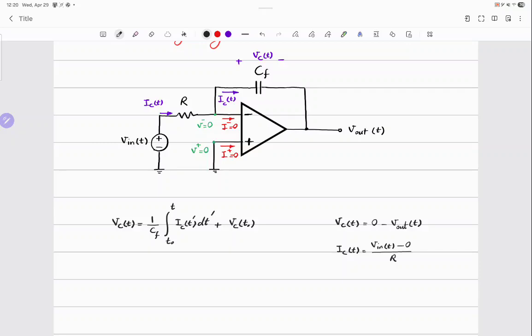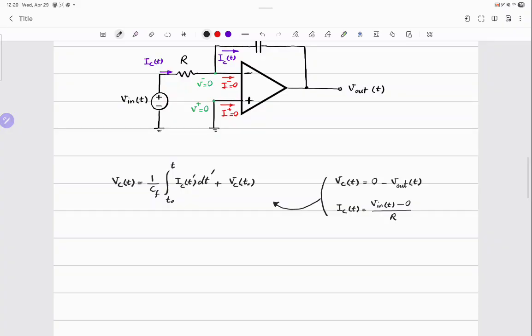Now let's substitute these two into the equation. Instead of VC(t), I will write negative Vout(t) equal to 1 over CF integral from t naught to t.